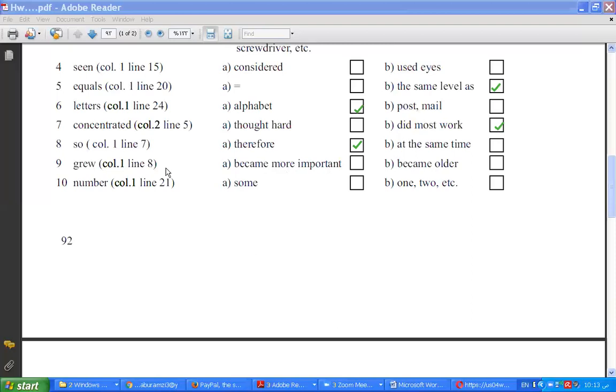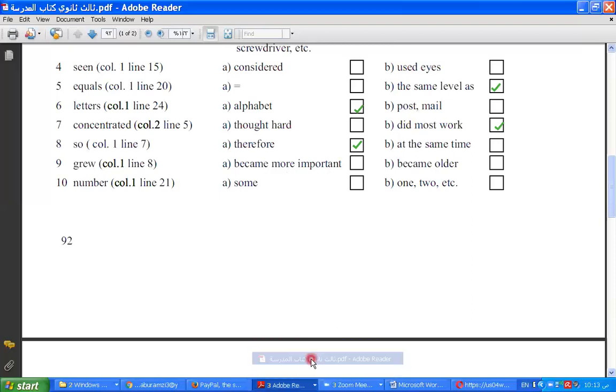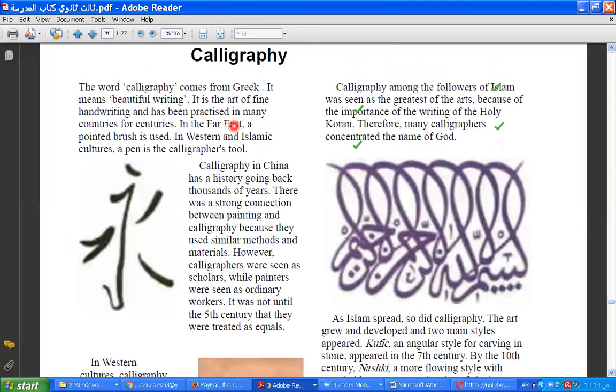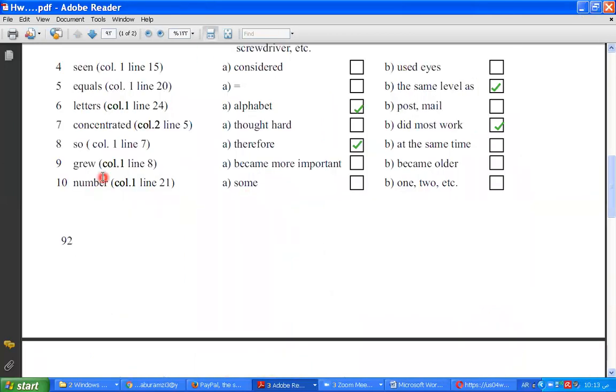In line number 8, let's go back to check this. Column 1, line 8.